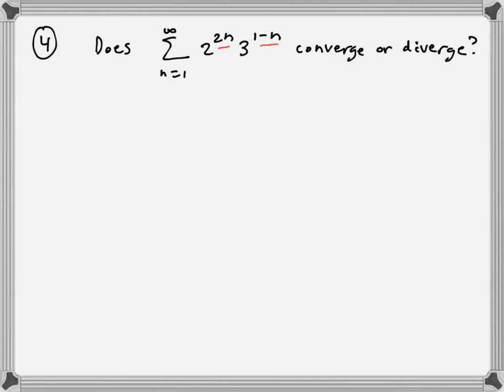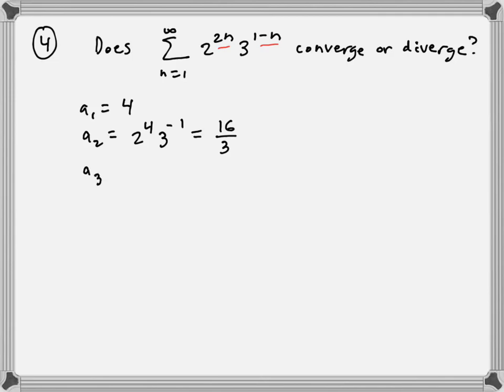Okay? So let's go ahead and figure out what the terms are. So what would a1 be? First term. If you plug in n equals 1, you get 4 times 1. That's just 4. What's a2? Plug in n equals 2. We get 2 to the 4th times 3 to the negative 1, which is 16/3.